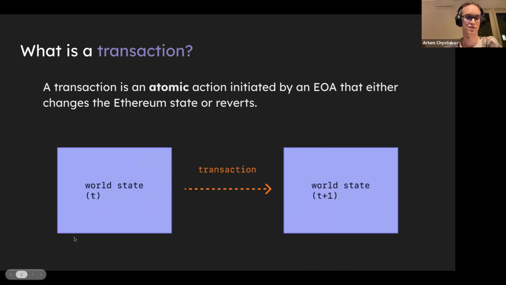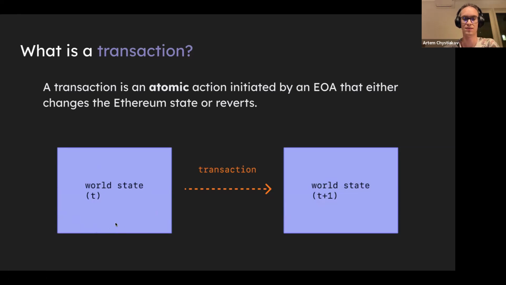So from the previous lecture, we remember that Ethereum is a state machine, which has states that are globally accessible. So you can read those states anytime you want.